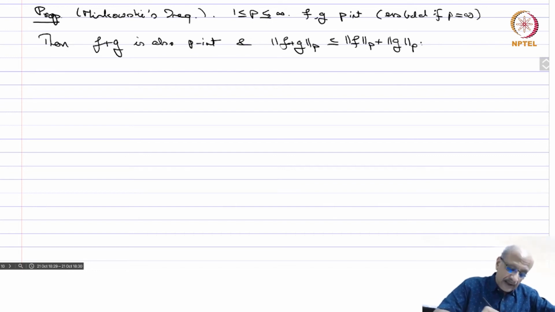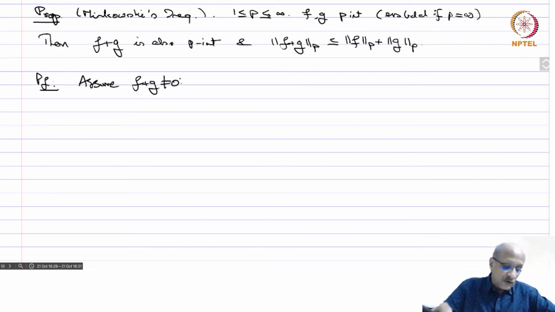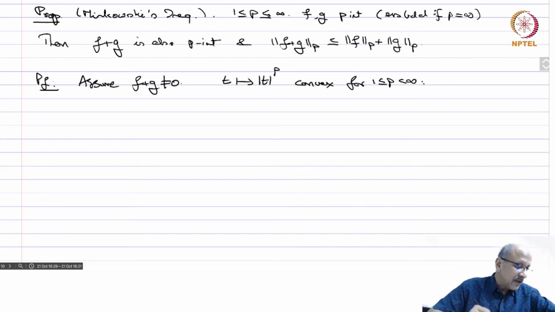Okay, so again we can assume, so proof, assume f plus g is not 0, because otherwise the result is trivially true, there's nothing to prove. Now if you take the function t going to mod t power p, then this is convex for 1 less than or equal to p less than infinity.